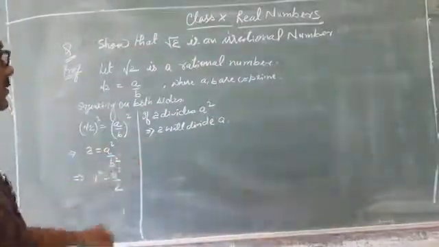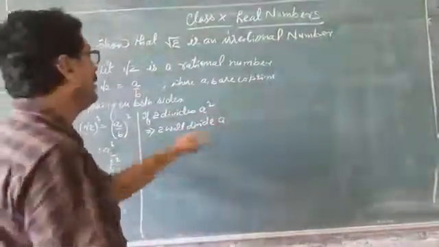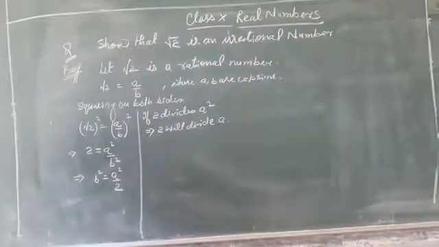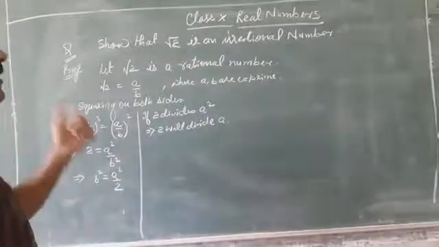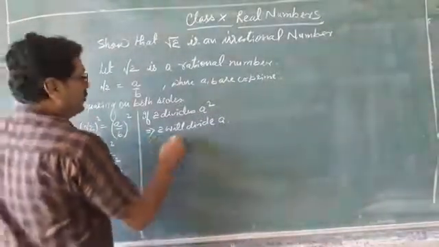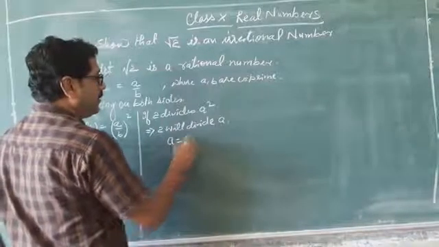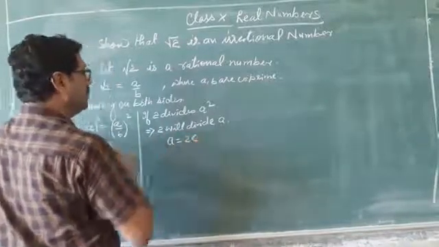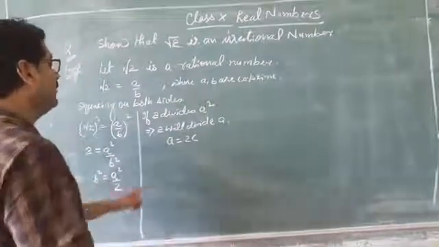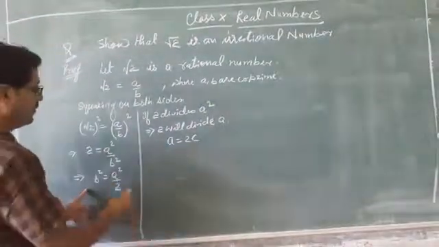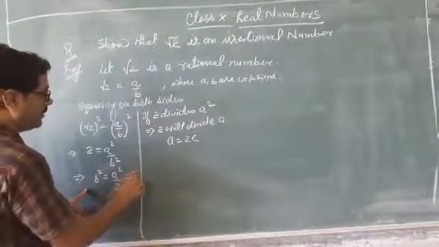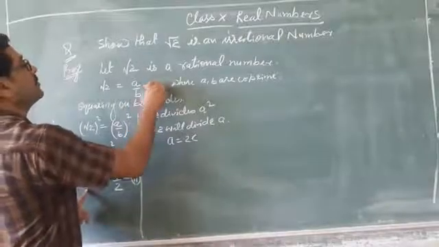So a is divisible by 2. We can write a is equal to 2c. Call this the second equation, and the earlier one the first equation.